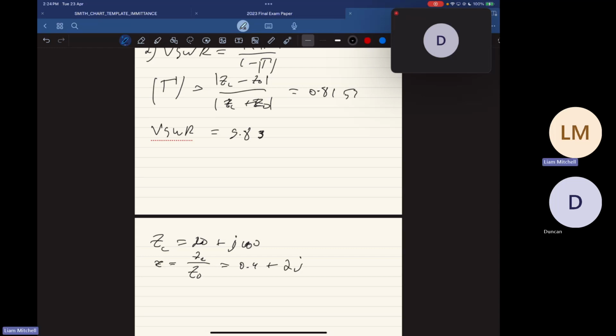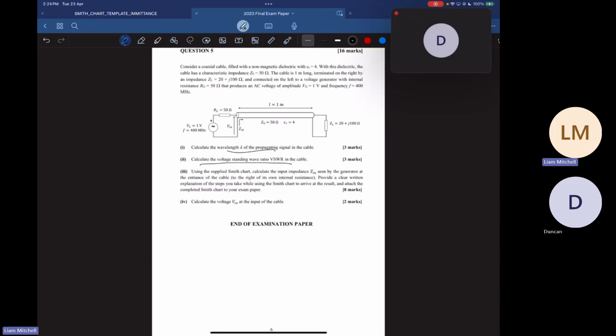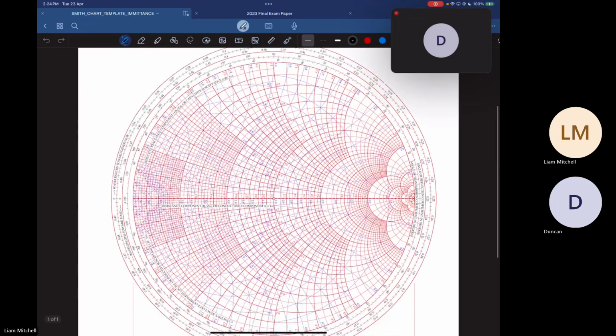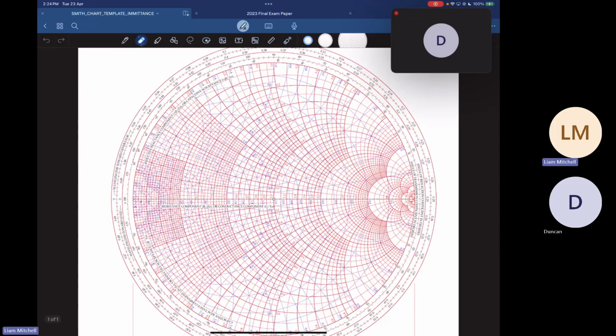That's the normalized impedance of the load. Then what we do, we find this value on the chart. Our real part is 0.4. It's this circle. And our imaginary part is 2. So this circle. So we find the intersection. It's somewhere here. This is our load impedance.